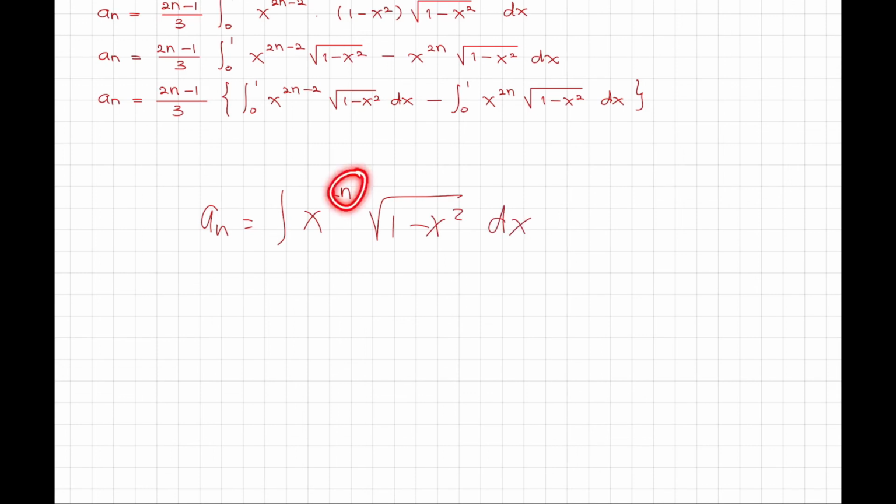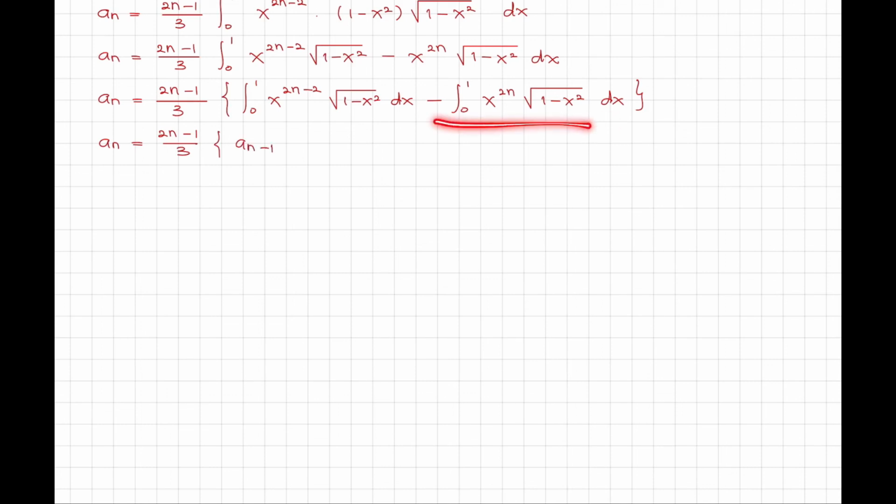If we change n into n minus 1, we will get this. So the first expression here is a_n minus 1, and then the second expression here is basically a_n. a_n minus 1 minus a_n.